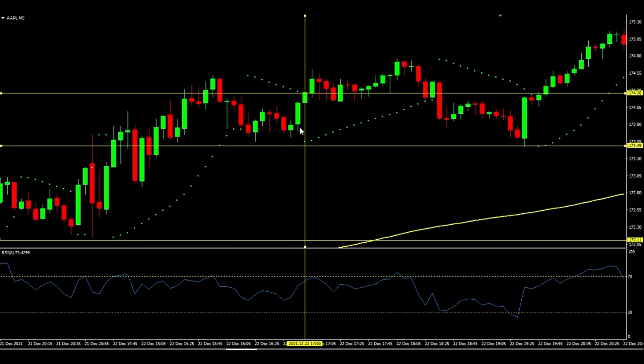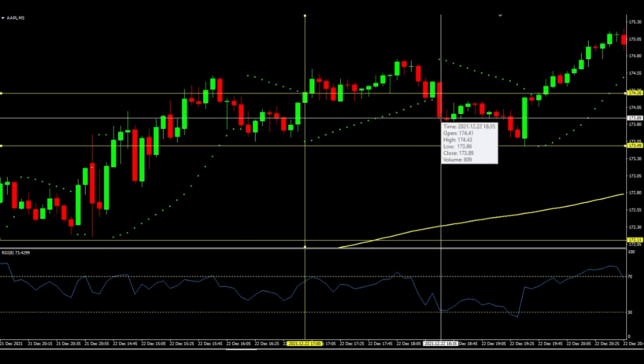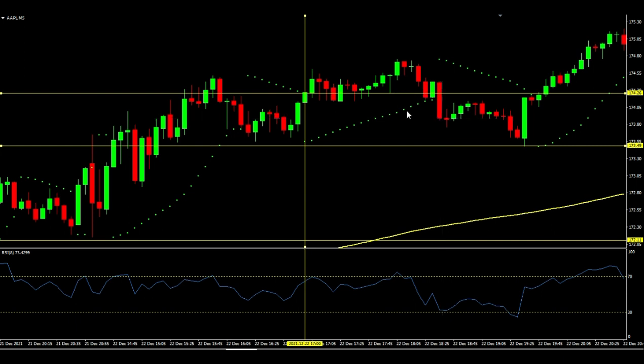But now, according to our parabolic SAR system, we enter the market here, and then we are going up and up and up, and here you get a signal to exit. So you will close your trade here, and you will make a loss of about 36 points. Okay, so this is the first loss you have.